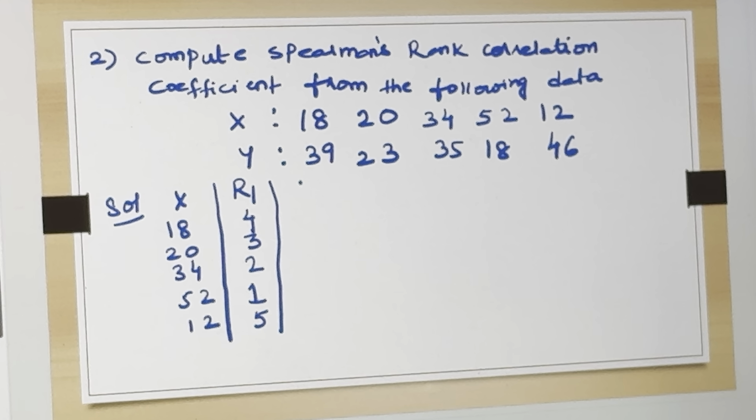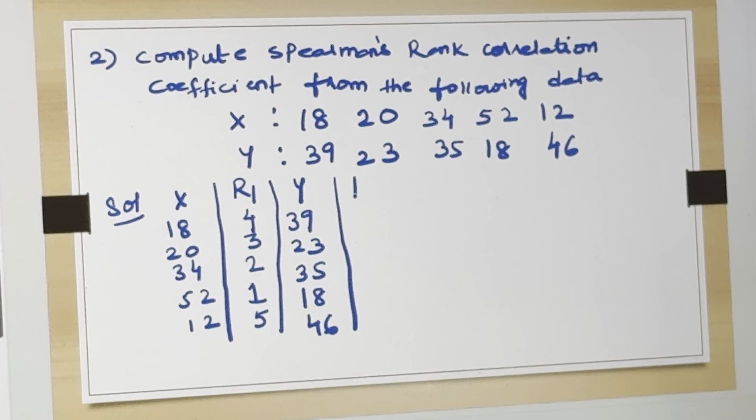सिमिलरली लेट अस कंसिडर द वैल्यूज ऑफ y. y क्या है? 39, 23, 35, 18 and 46. Now whatever rank which we are going to assign for y, that we are denoting it by R2. R2 का रैंक डालने के लिए पहला हाईएस्ट नंबर क्या है इसमें? 46 is highest.